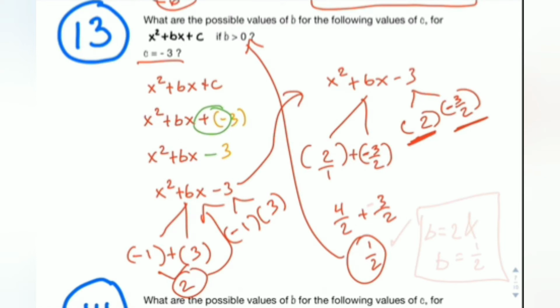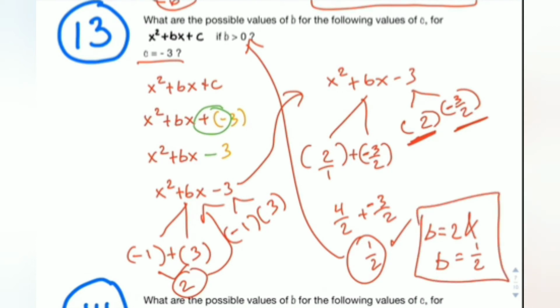So it will be 4/2 plus -3/2. So 4 plus -3 is no longer negative, it will be 1/2. So this answer is positive, so now it's the right answer. So b equals 2 and b equals 1/2.